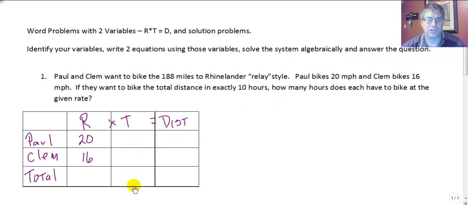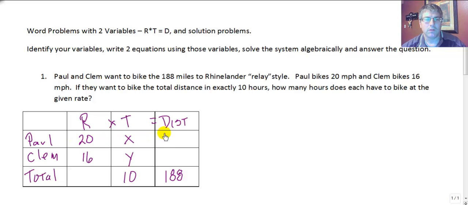Now, we don't know how long each of them bike. In fact, that's our question. But we do know the total time is going to be 10. So let's let x equal the time that Paul bikes, the quantity of time he's biking, and we'll let y be the quantity of time that Clem bikes. We know the entire trip is 188 miles.